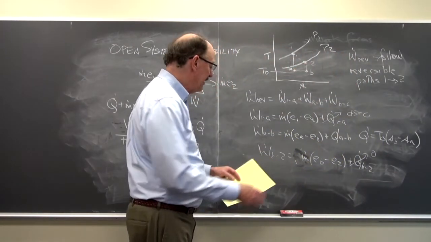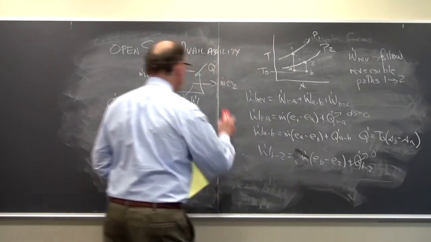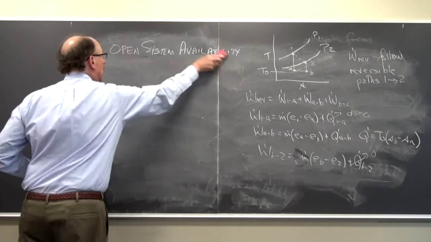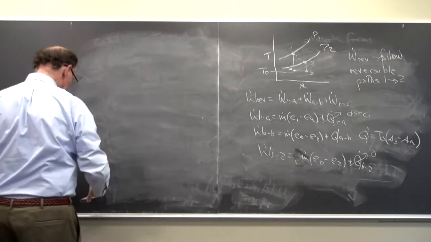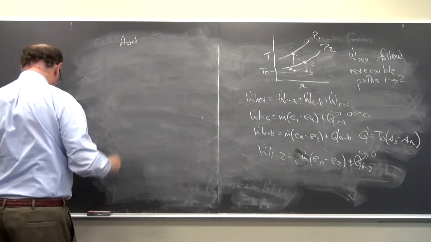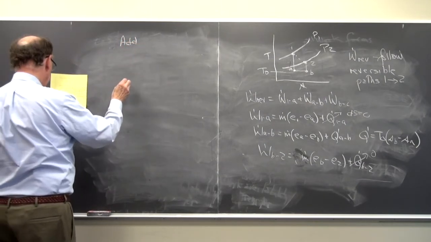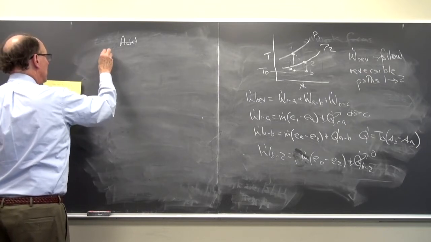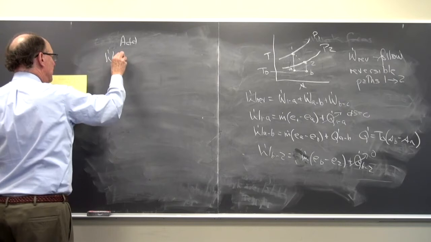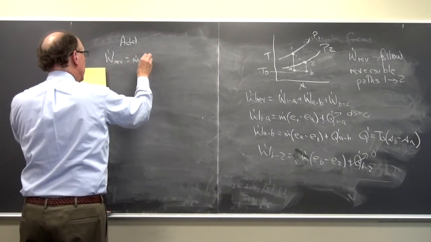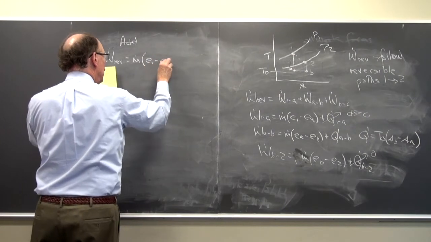If I add these all together, I get that W dot reversible is equal to m dot times (E1 minus E2) minus T0 times (S1 minus S2).